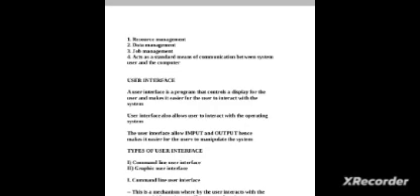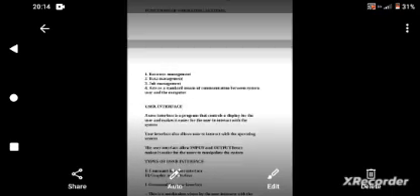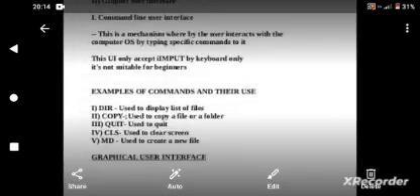Now, we have various types of commands in the computer. Let me show you. We have examples here. You can see we have dir, which is used to display a list of files in your computer.